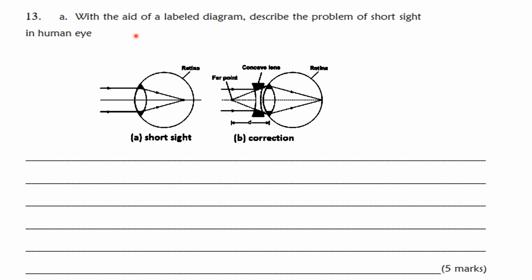So the diagram that they are looking for is this one here. This is the eye, and this lining here is the retina where images are formed.